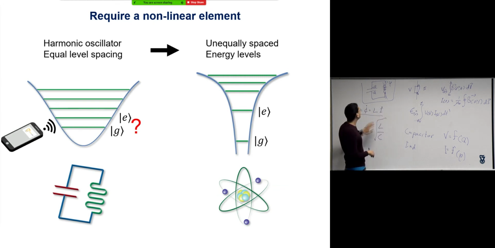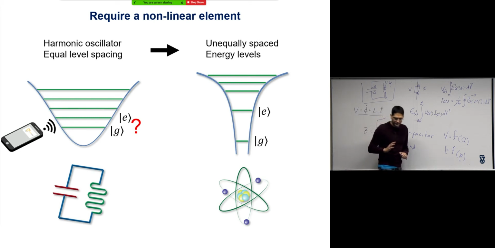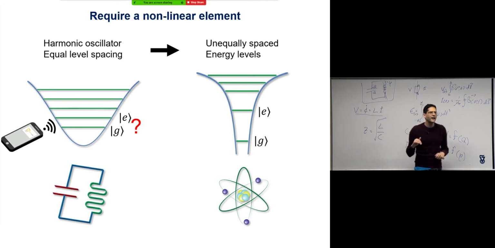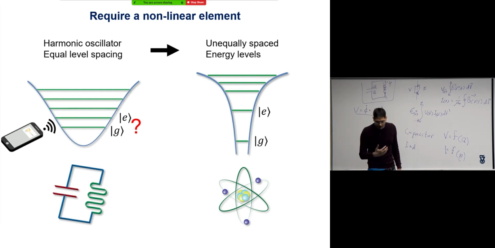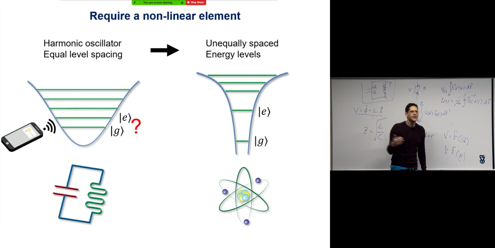But so far what we saw is that if you take an LC circuit, you get a harmonic oscillator. Now this harmonic oscillator has equal level spacing. It's good for realizing light, but if that's the only thing you have, you cannot realize a qubit with it. We already talked about this.